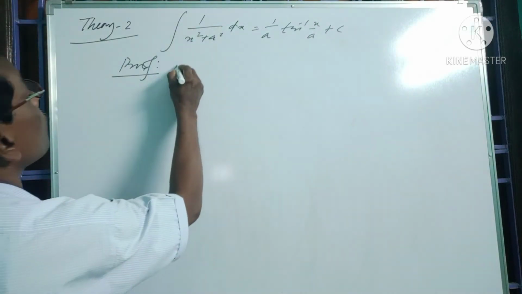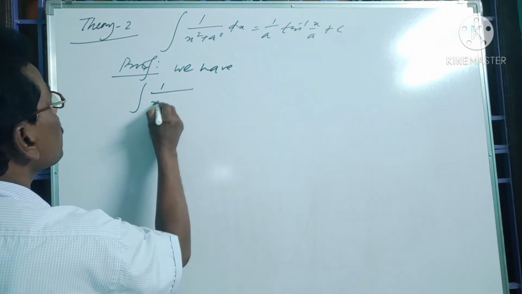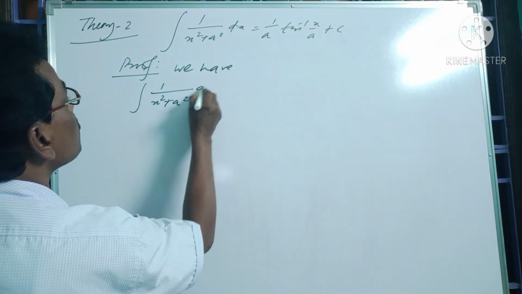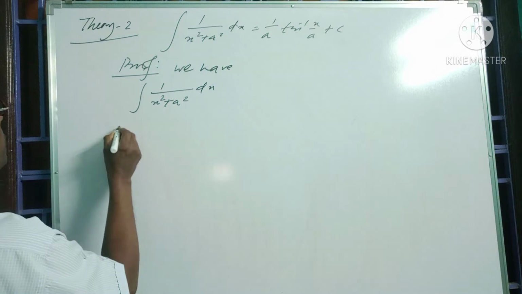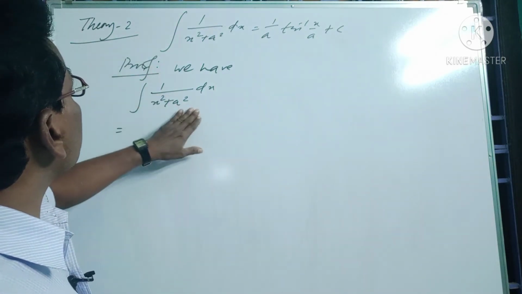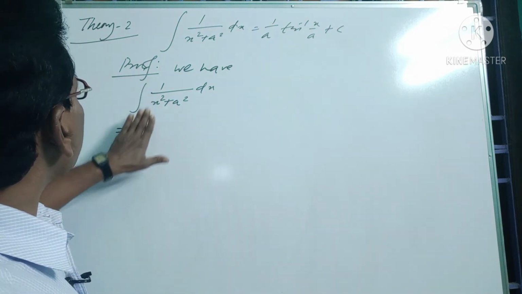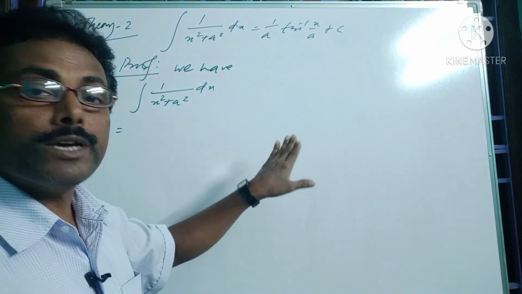So we have the integral of 1 by x square plus a square with respect to x. Already we have derived how to integrate it by substituting x is equal to a tan theta or x is equal to a cot theta.